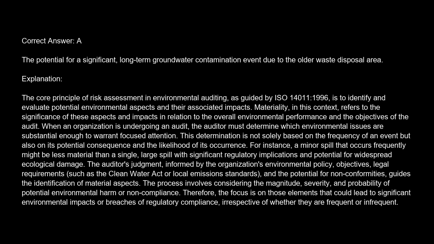The process involves considering the magnitude, severity, and probability of potential environmental harm or noncompliance. Therefore, the focus is on those elements that could lead to significant environmental impacts or breaches of regulatory compliance, irrespective of whether they are frequent or infrequent.